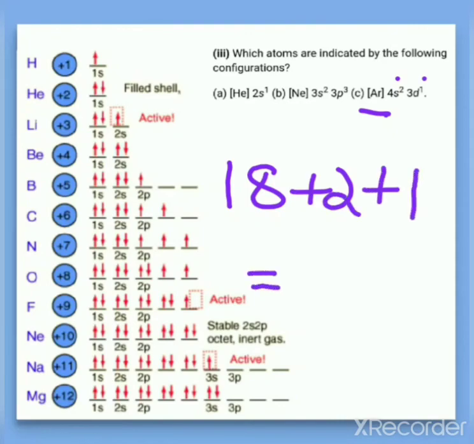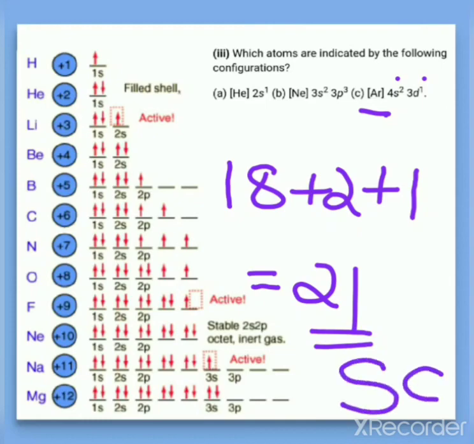So that is 18 plus 2 plus 1, that is equal to how much? 18 plus 2 is 20, 20 plus 1 is 21. So it belongs to atomic number 21. 21 belongs to the element scandium. So scandium is the correct element which represents this configuration. This is the way of writing the electronic configuration in the short method. Instead of writing all the orbitals, the completely filled orbitals can be represented by the noble gas symbol.